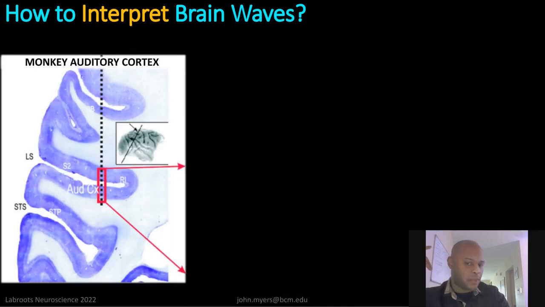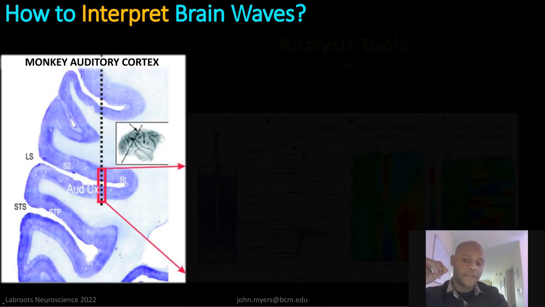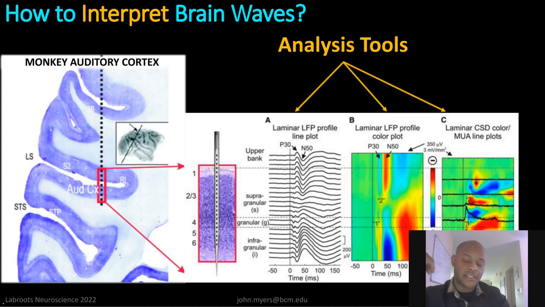And so how do we interpret brainwaves? Well, if we take an example here and we inserted an electrode into the monkey's auditory cortex, we can use analysis tools like this to understand the waves themselves. So if you zoom in on that little patch of cortex, you can see that each little dot is a recording contact.